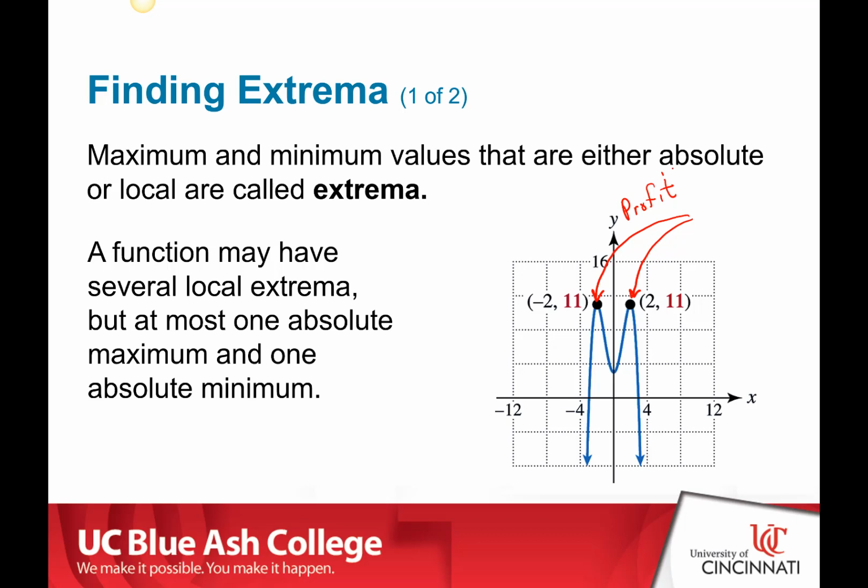Does this function have a minimum? Well, let's see. It says that it has one absolute minimum. Okay. This point here is a minimum. These, realistically, we talked about before, are going down to a minimum. But can you ever really get to where they're going?